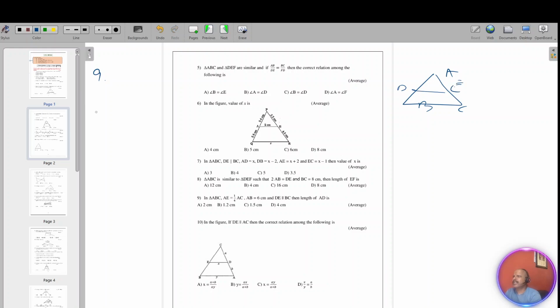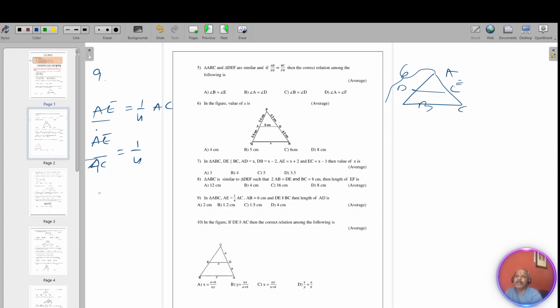What is given? Just check. AE by AC equals 1 by 4 is given. So we'll take AE by AC equal to 1 by 4, right? Then they have given AB as 6, which means the full length is 6.